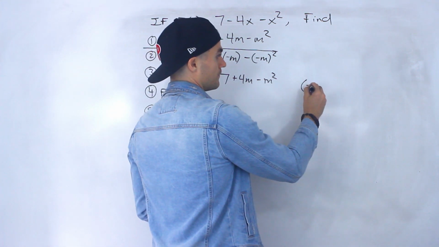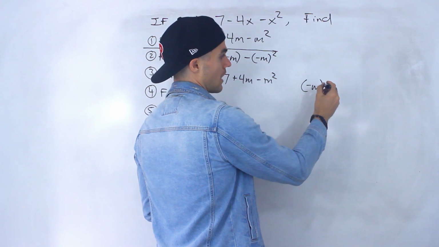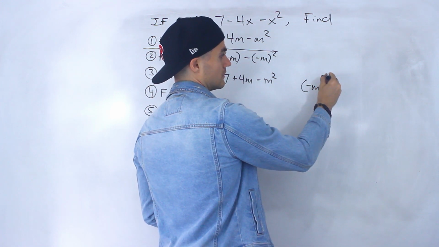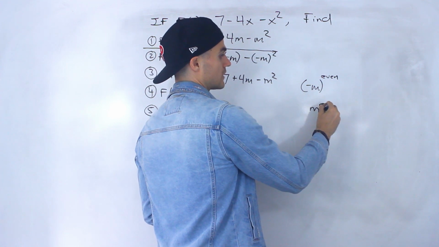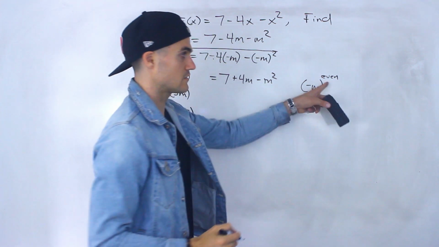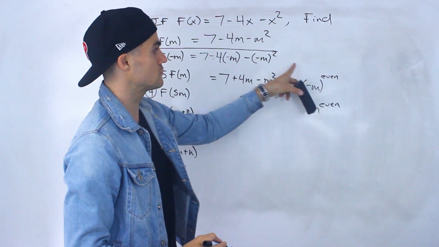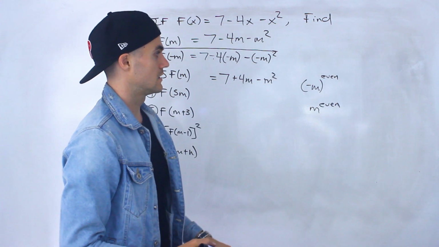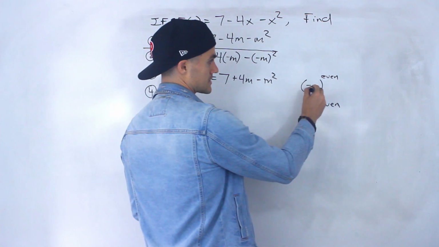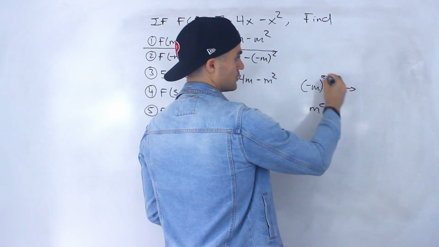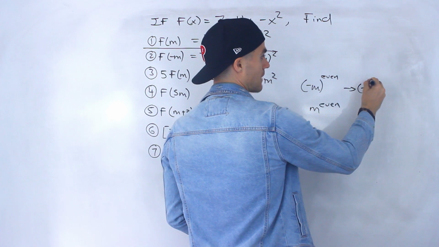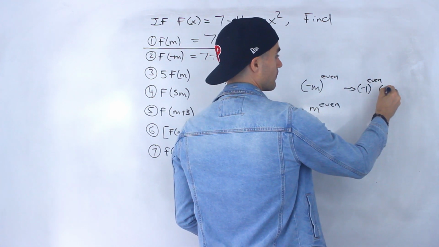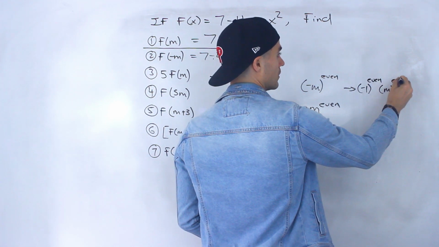Negative m to the power of any even exponent would end up just being m to that even exponent. Whether this was a 2, 4, or 6, if you distribute the exponent inside the bracket, we'd have negative 1 to the power of an even number and then m to the power of an even number.